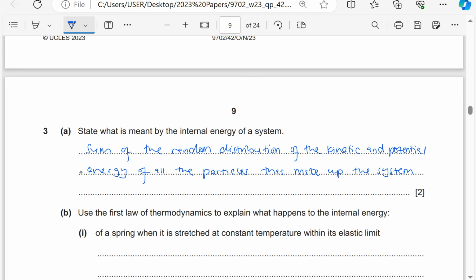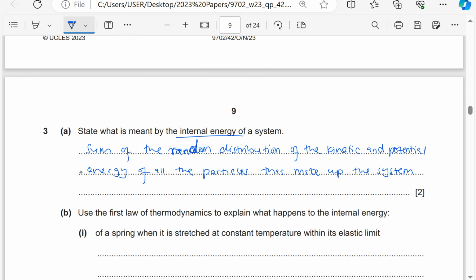We say random because the molecules are in continuous random motion. So it's the sum of the random distribution of the kinetic and the potential energy of all the molecules.